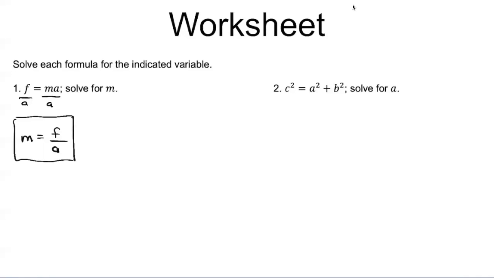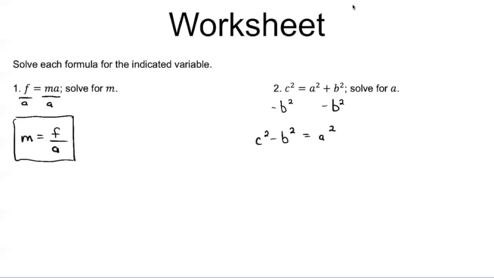So we first subtract b squared from both sides, leaving us with c squared minus b squared equaling a squared.